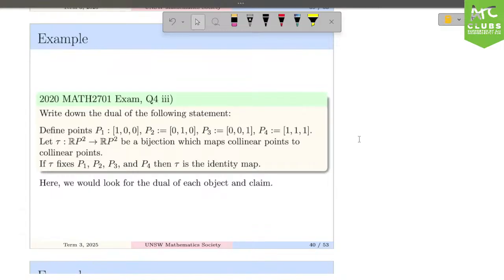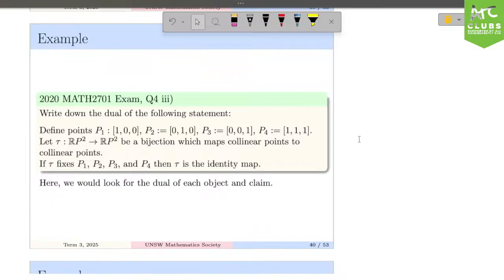And then we can take the duals of all those points the same way. For instance, P4 is equal to (1, 1, 1). Therefore, the dual of P4 is the line, which is the set of points where x0 plus x1 plus x2 is equal to 0.